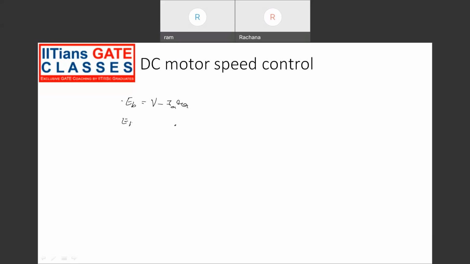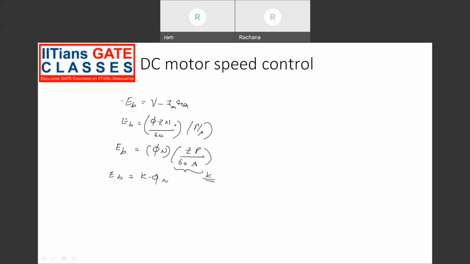At the same time, I can also write Eb is equal to ϕZN P by 60A. This is, let's say, a constant for a given machine. So Eb is equal to KϕN.